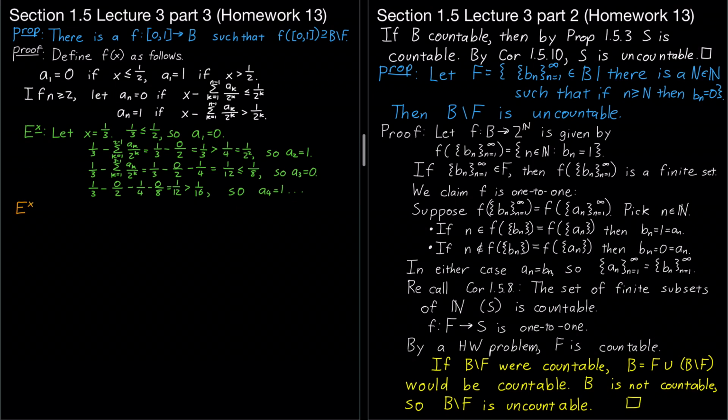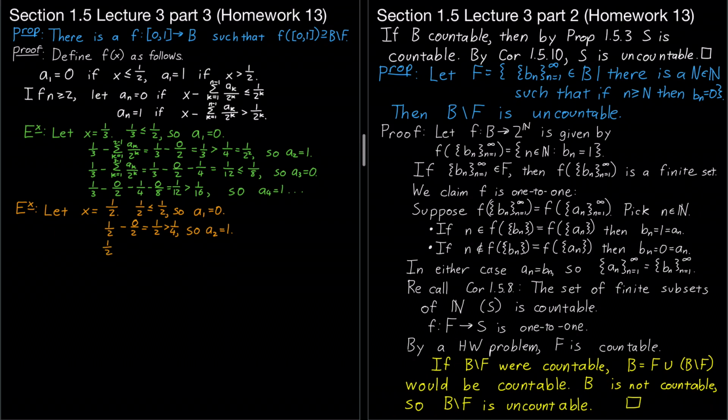Another example, let's let x be, say, a half. 1/2 is less than or equal to a half, so a1 is 0. Then a half minus 0 halves is 1/2, which is greater than 1/4. So a2 is 1.